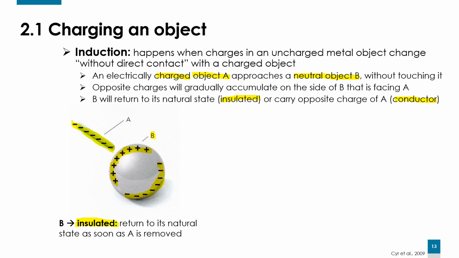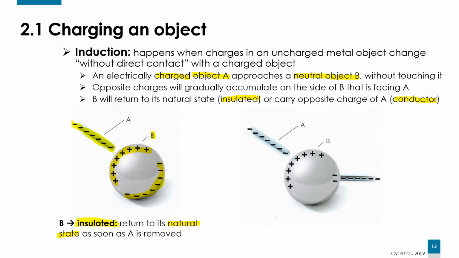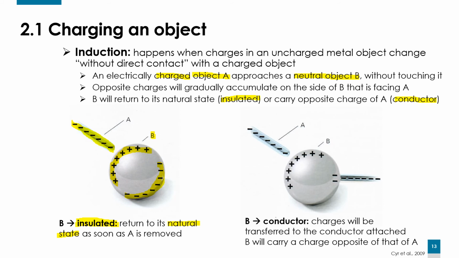If B is an insulated material and I remove the A, the B will return to its natural state. So if I remove the A, the B is gonna be neutral again. But this is different if my B is a conductor. So if my B is a conductor material, what's gonna happen?